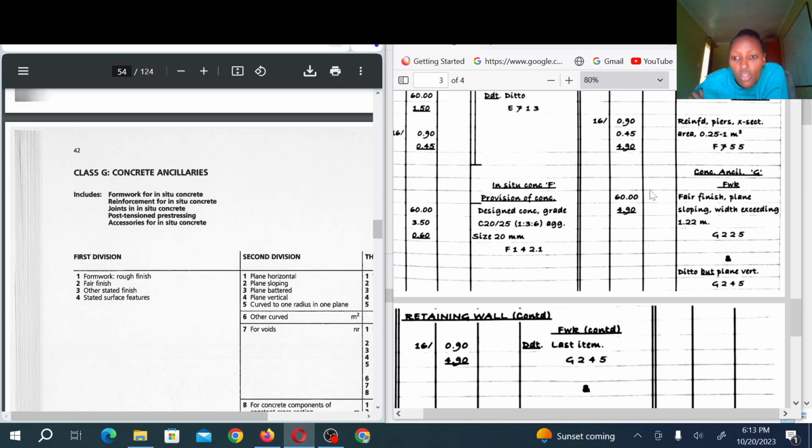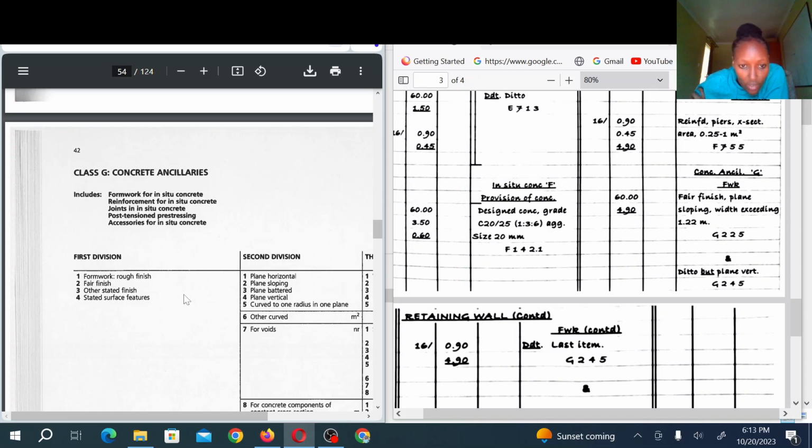The total length of the wall is 60. The total depth of the wall is 4.9. The formwork that we shall use to hold the concrete for the wall at the back side shall be 60 meters by 4.9 meters.